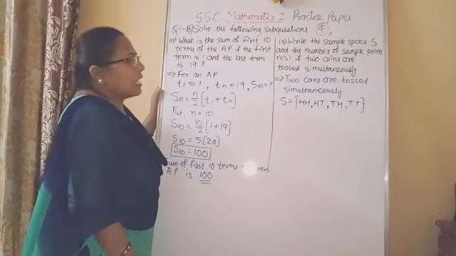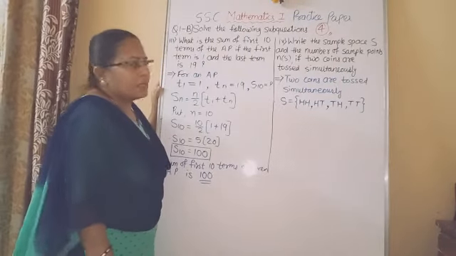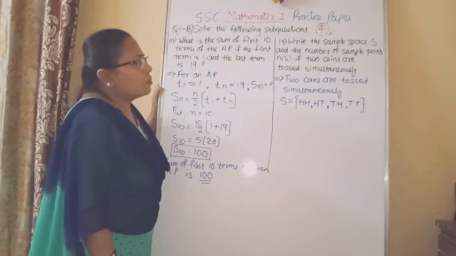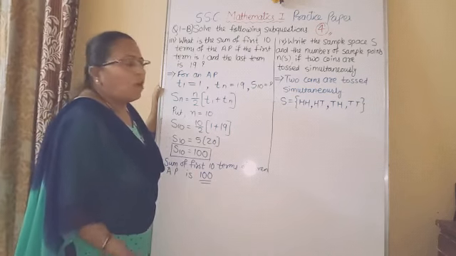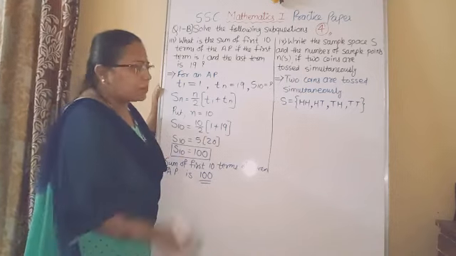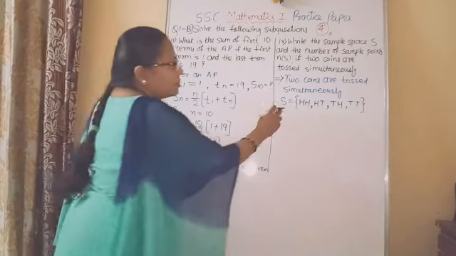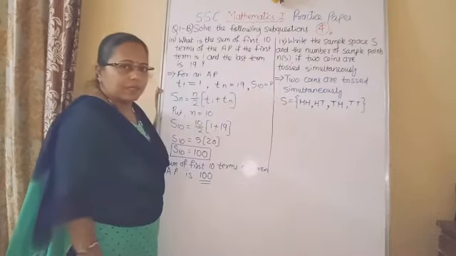So HH, HT, TH, TT. This is the sample space for 2 coins tossed simultaneously or one by one. For both the sample space is same. So for this sample space half mark is given.